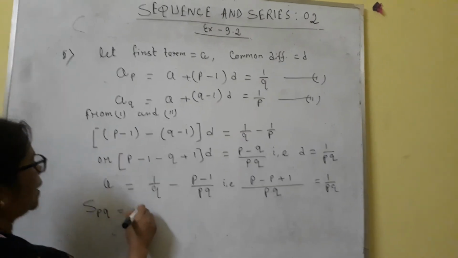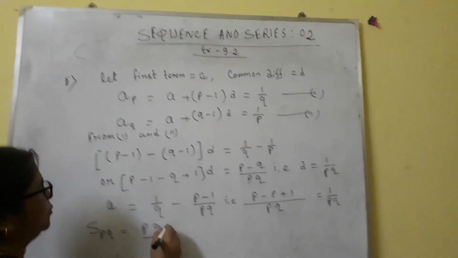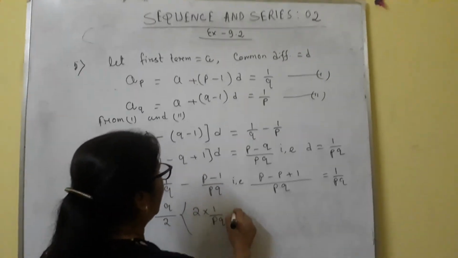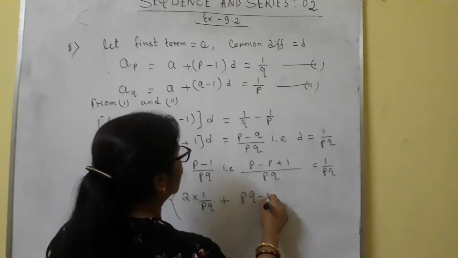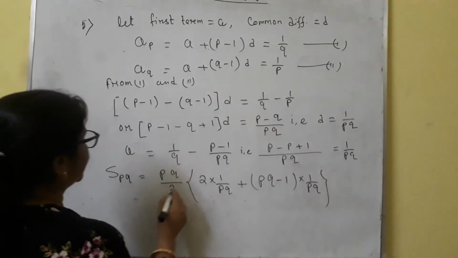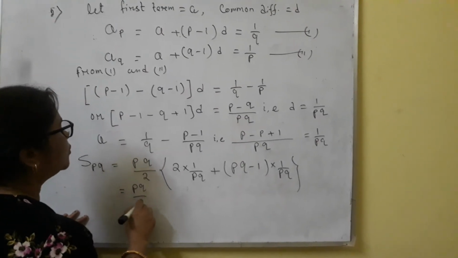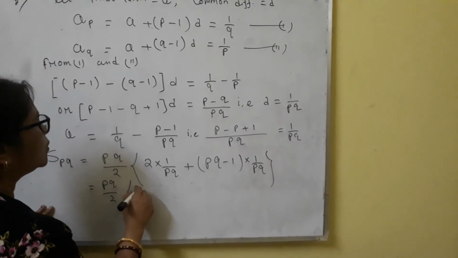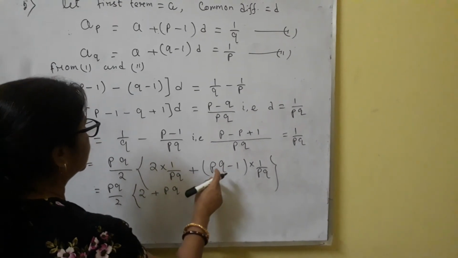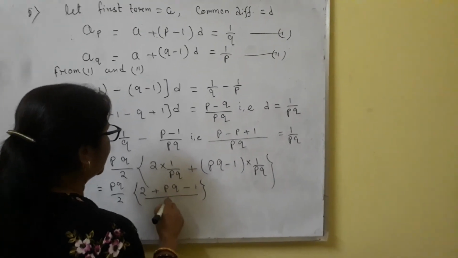That is PQ by 2, and the formula is n by 2 into (2A plus (n minus 1)D), that is 2 into 1 by PQ plus (PQ minus 1) by PQ.